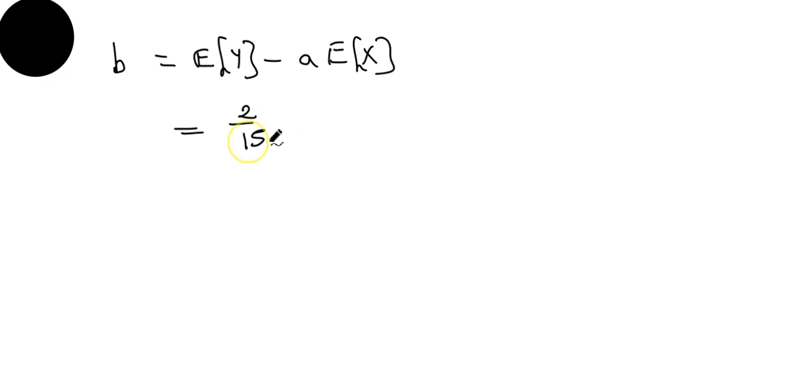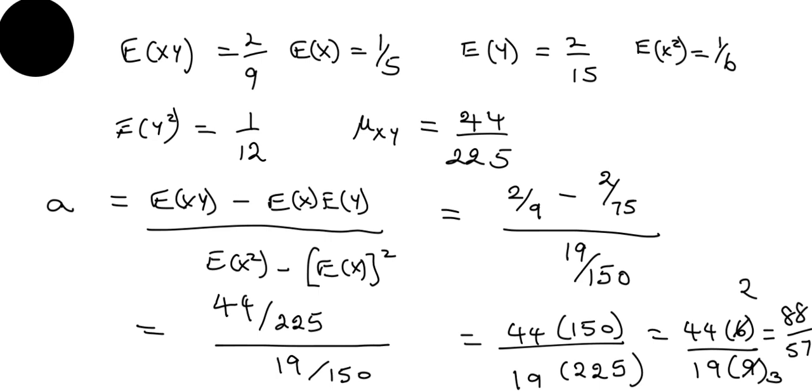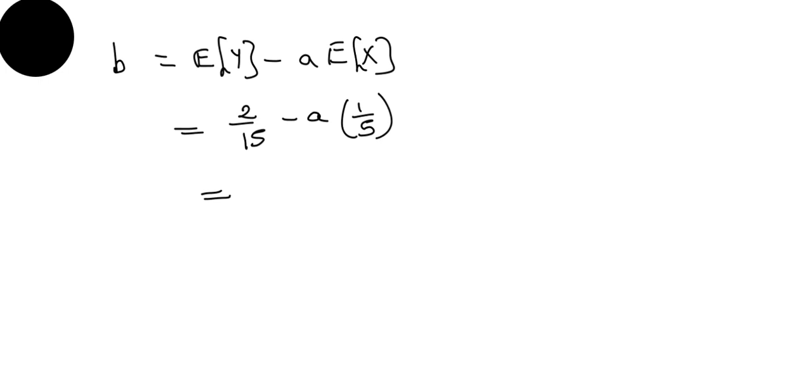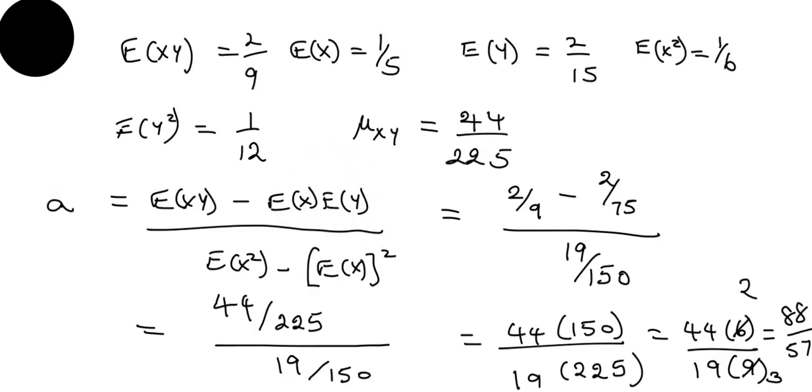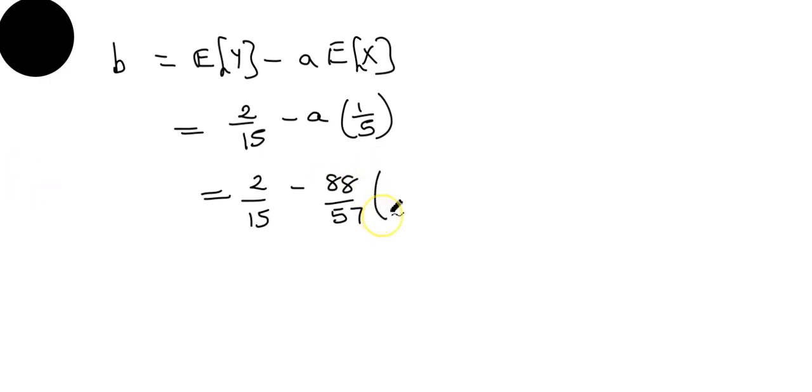So 2 by 15 minus A into 1 by 5. We just now calculated our A. Our A is 88 by 57. So 2 by 15 minus 88 by 57 into 1 divided by 5.